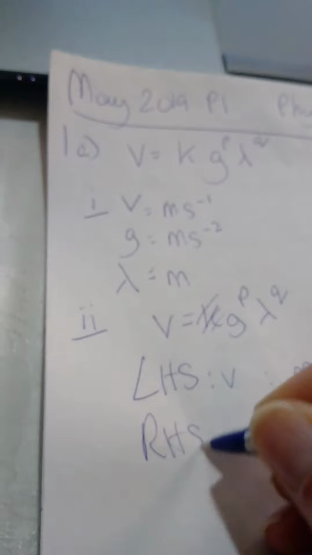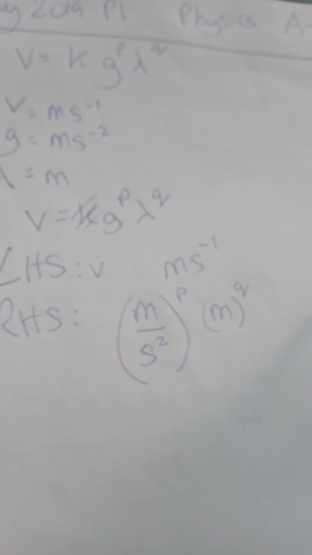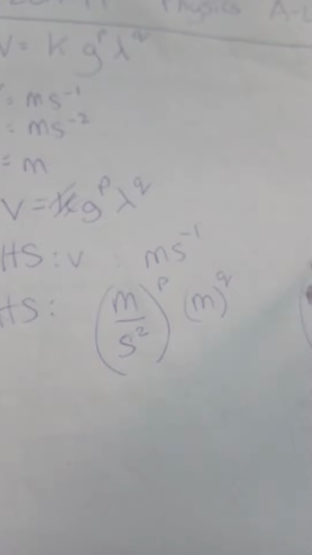Right hand side, we've got acceleration, which is meters per second squared to the power of P, and lambda, which is meters to the power of Q. Those must be equal to meters per second.